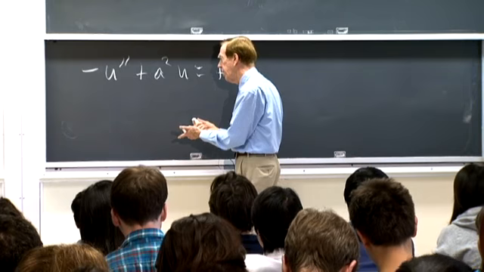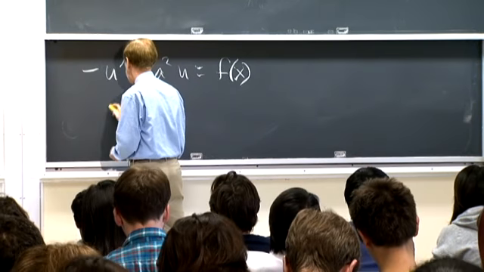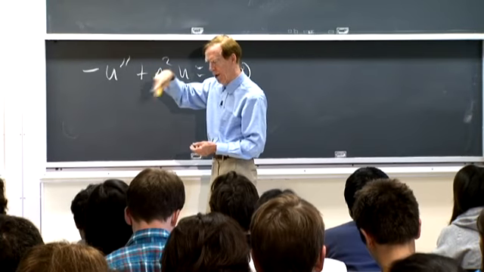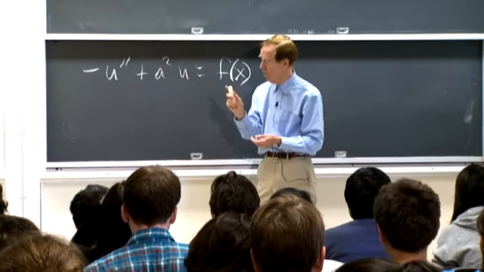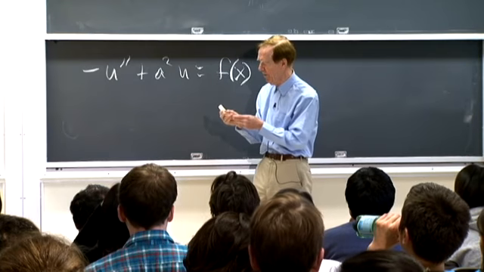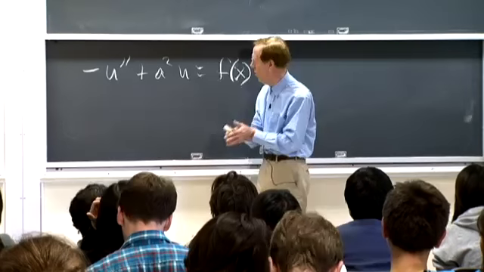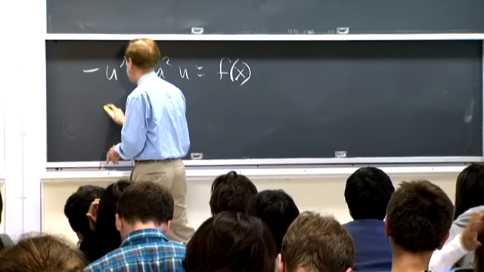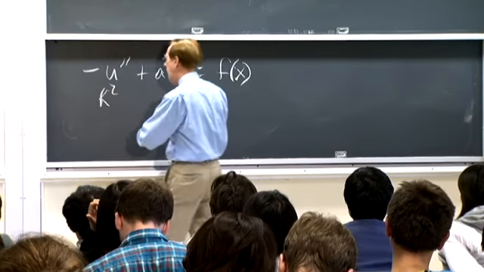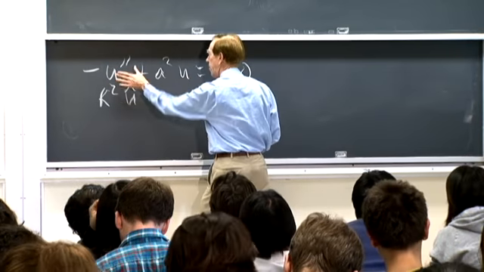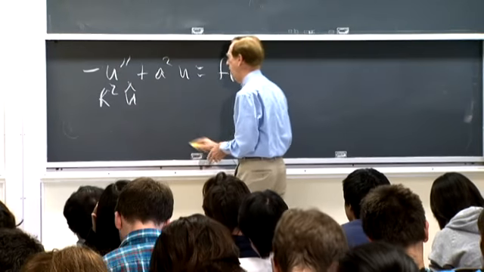We took Fourier transforms. What is the rule for the Fourier transform of a derivative? Every derivative brings down an ik in the transform. So we get ik twice, so it's k squared. The i squared cancels the minus 1, so that's the transform of minus u double prime.